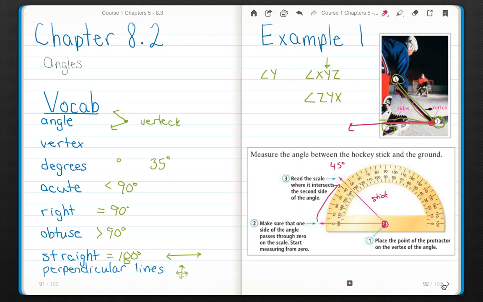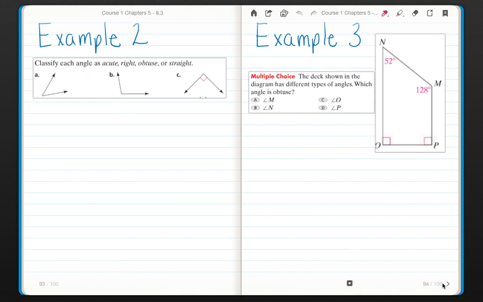All right, let's talk about example 2, classifying each angle. So I can classify angles as acute, right, obtuse, or straight. So if I'm asked to classify the angle, that's what I'm looking for. So A, I can see that this is less than 90 degrees. It is an acute angle.